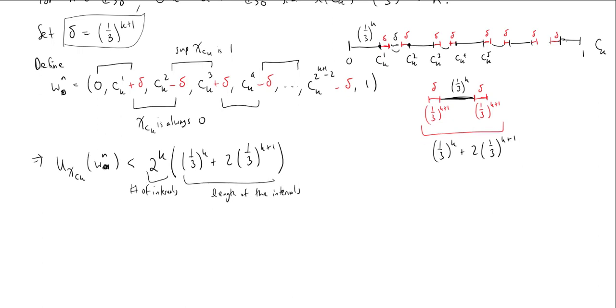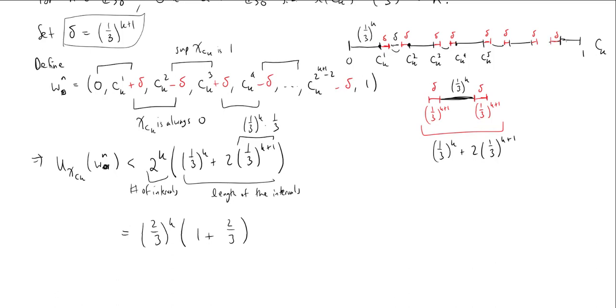All right, well, now we can just play a little bit of algebra. First, this 1/3 to the k plus 1, I could think of this as 1/3 to the k times 1/3. And so now I can factor a 1/3 to the k out of these two summands, and when I pull it out, I can combine it with the 2 to the k, and I'll get 2/3 to the k, and on the inside I have 1 plus 2 times a third.